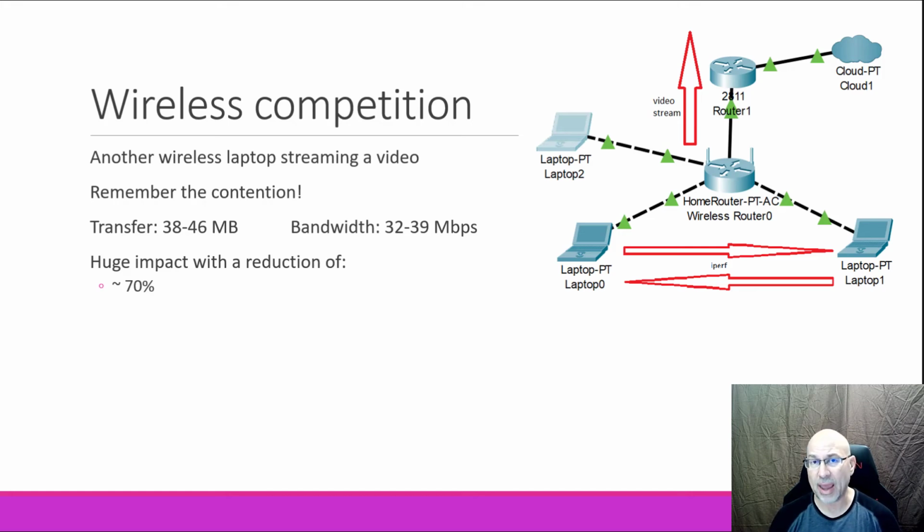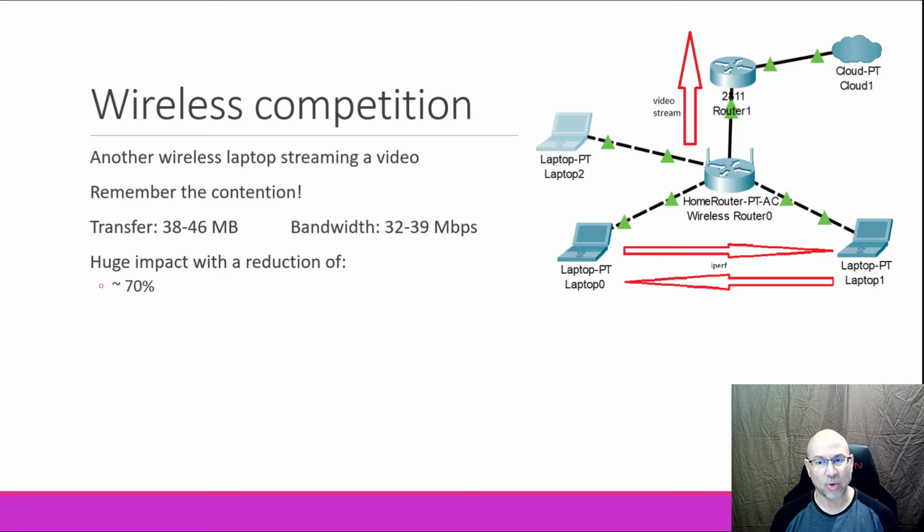Take a look at what happens when we add one more node doing a wireless stream. The bandwidth drops down to 32 to 39. Now that range is in there because I did the test a couple of times. It's a huge impact. 70% reduction in performance with just one other node on there. Now, granted, it's doing video. It's not doing email, and it's not browsing the web.